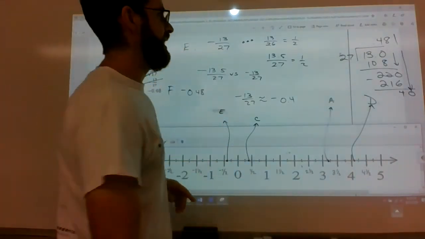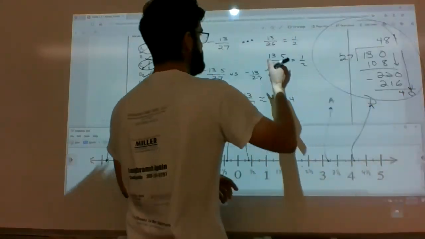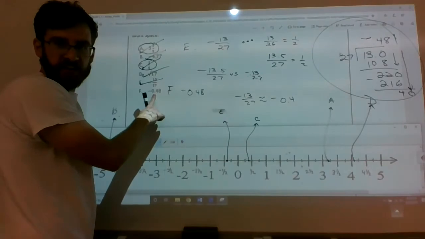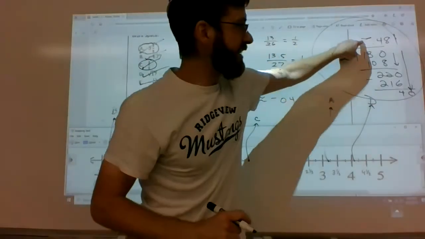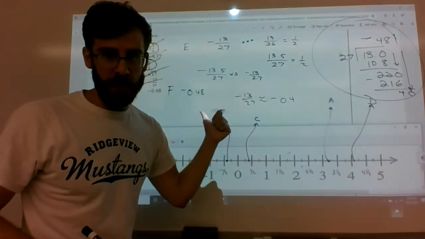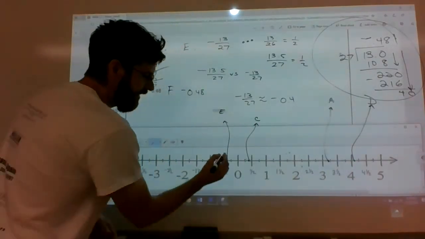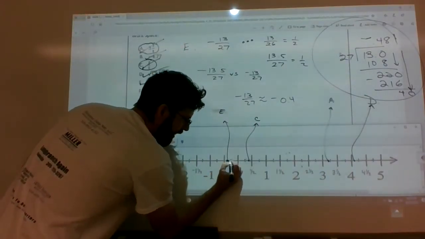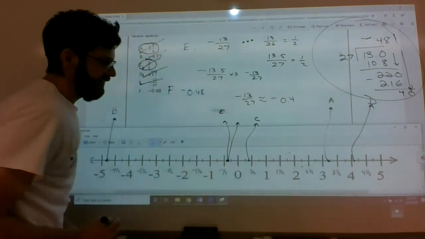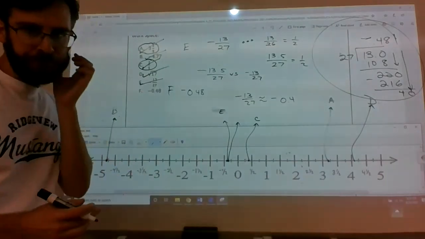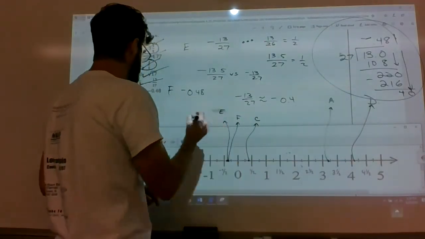That just means that this one is negative 0.481. This one is just negative 0.48. This one needs to go further left on the number line, which means we have to give a little dot that's almost right on smack dab the letter E, but we have to show that it's just to the right of it. And that's letter F.